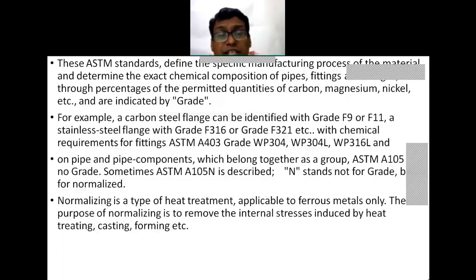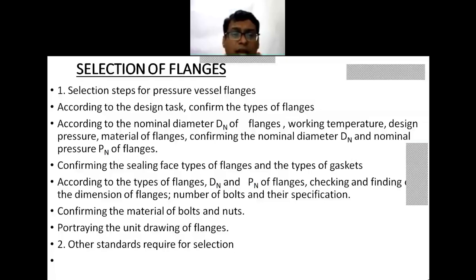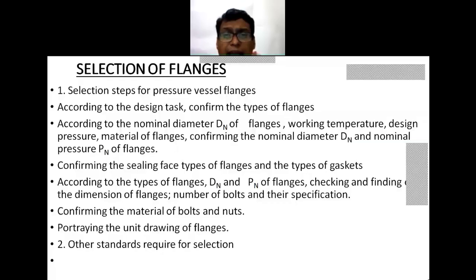Then the selection of flanges. What are the different factors to be taken into account for the selection of flanges? One is the selection steps for pressure vessel flanges, and second is the other standards required for selection. First we will talk about the pressure vessel, that is, whether it is a design or a tank, and confirm the type of flange.